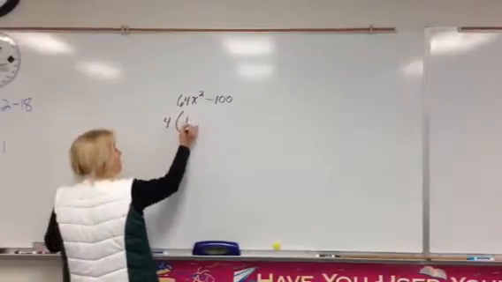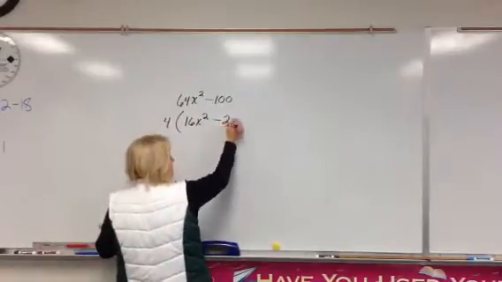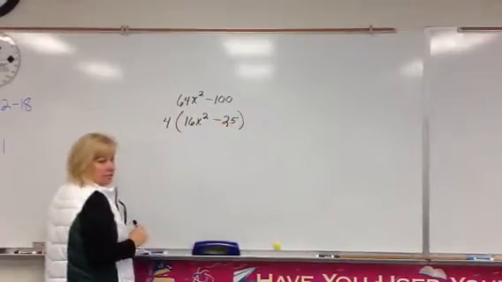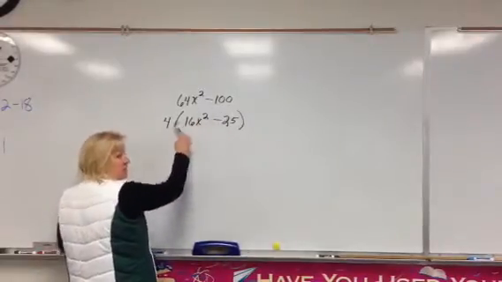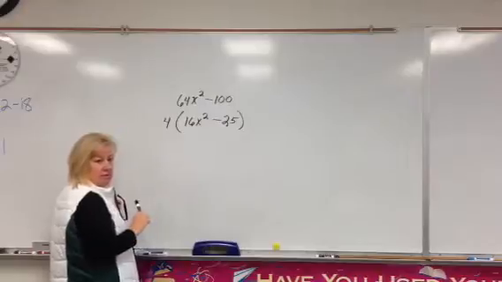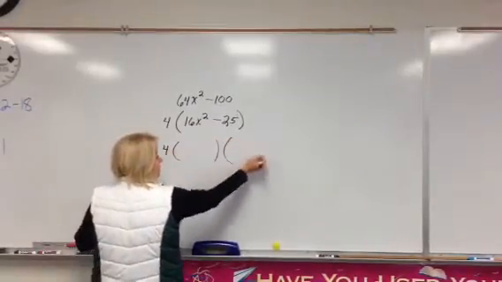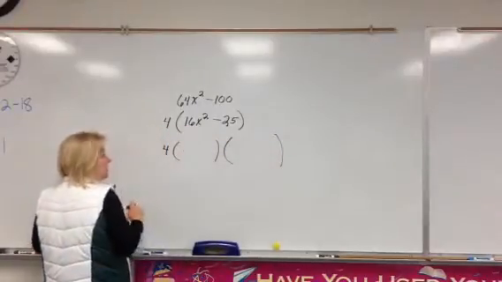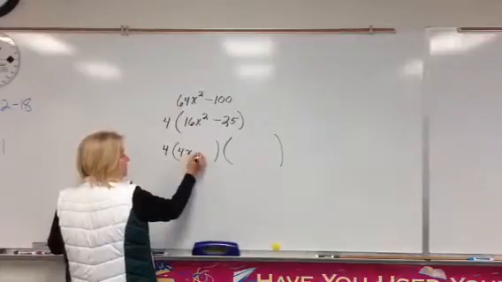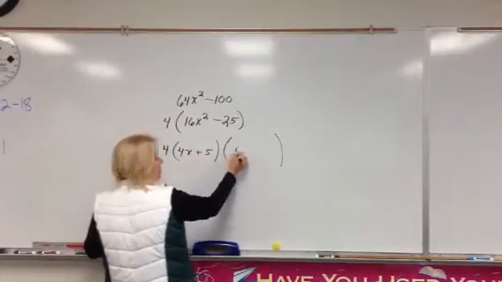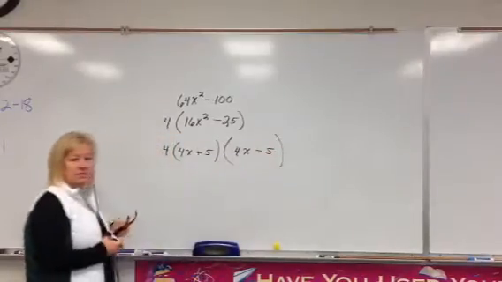I need confirmation. 16x squared, and 100 divided by 4 is 25. Just do a quick double check. Did we go big enough? Is there anything else I can take out? No, so I think we're good. And then you just carry that 4 along. Square root of 16 is 4, so 4x plus 5, 4x minus 5. And you would stop.